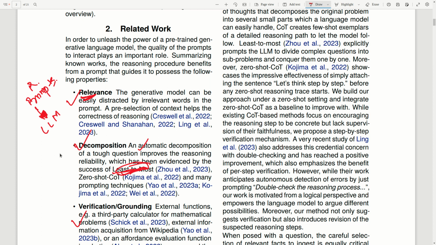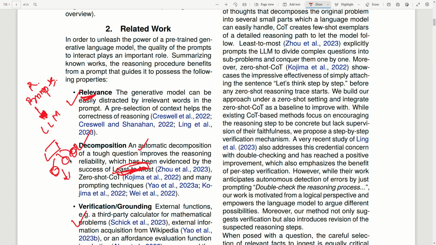So if you want the model to behave in a more logical way, you have to decompose a complex or tough question into easy prompts, and it will then give you a better output.